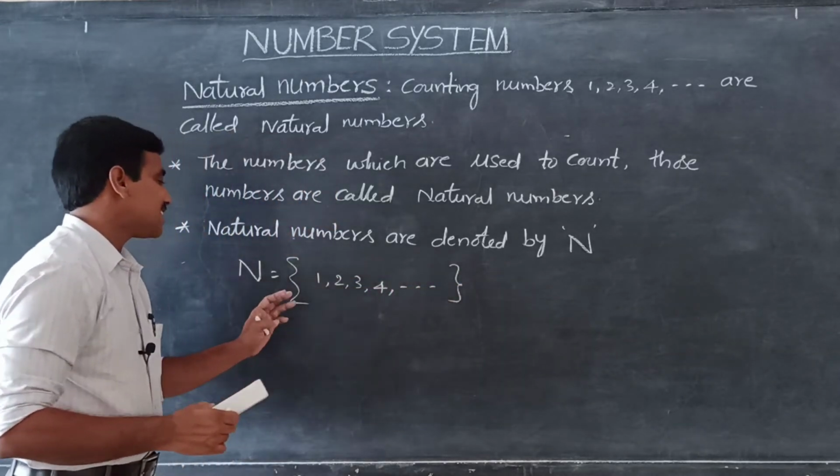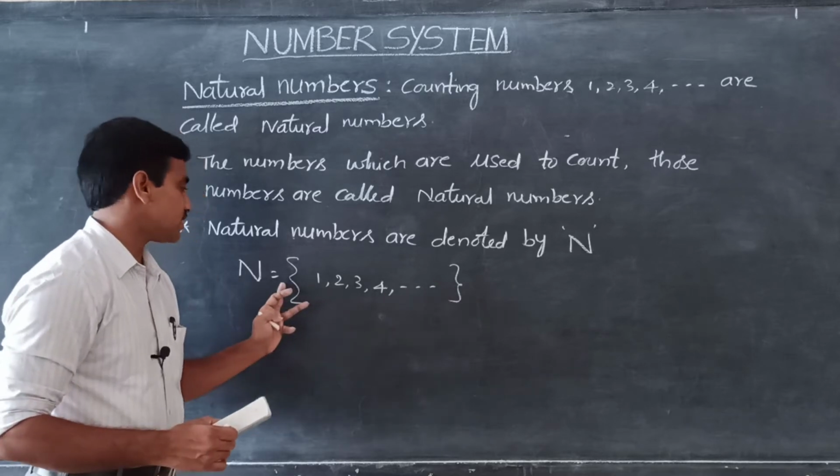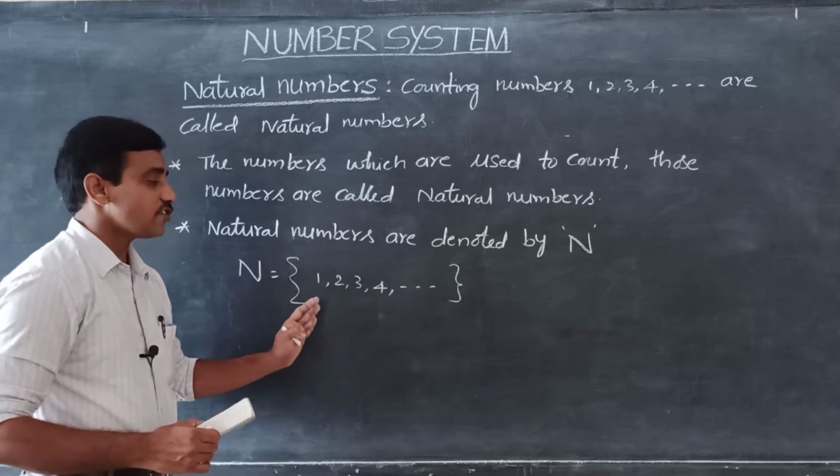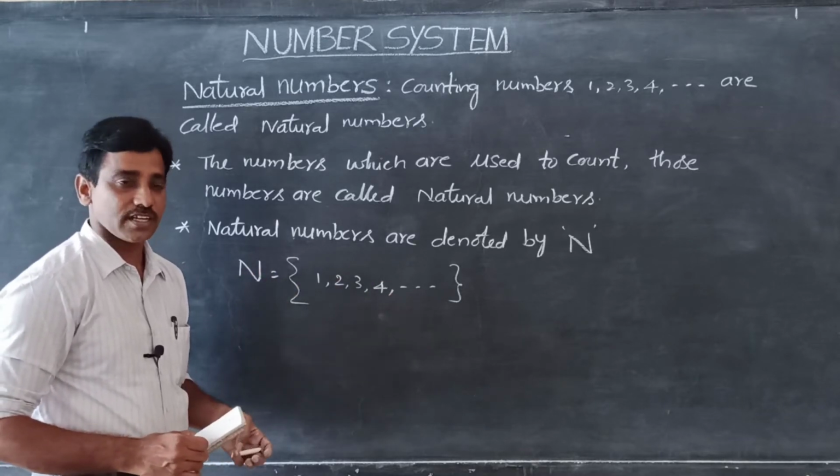This is called the set of natural numbers. These are set brackets. N is the set of natural numbers, right?